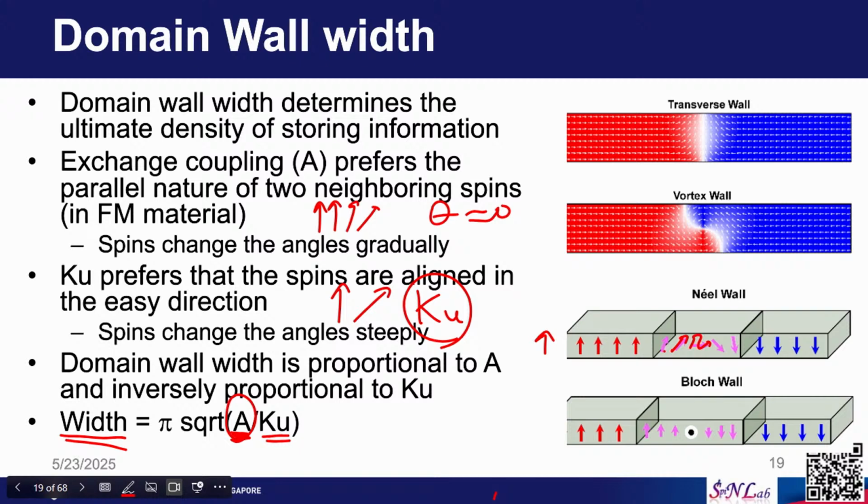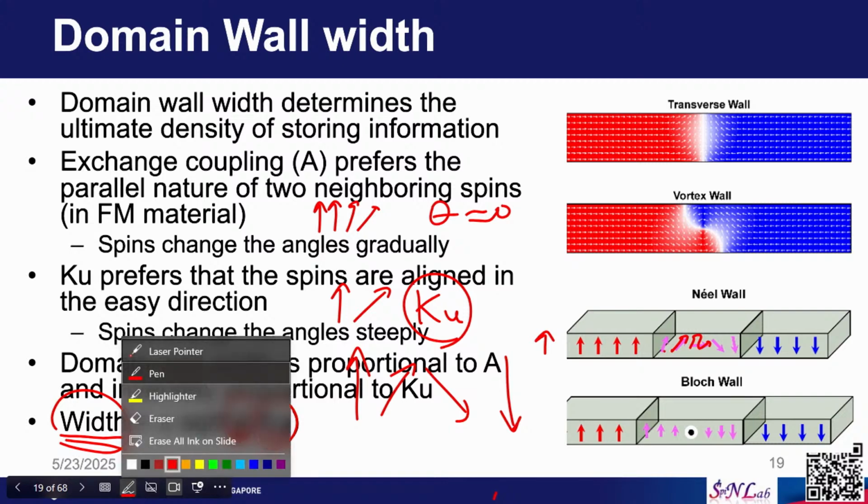So, Ku wants all the domains to be in either one of the easy directions or the other, and it wants fewer spins to be away from the easy direction. That is why Ku tries to minimize the width. If Ku is large, the width will be small. So, this is the reason behind this whole concept.